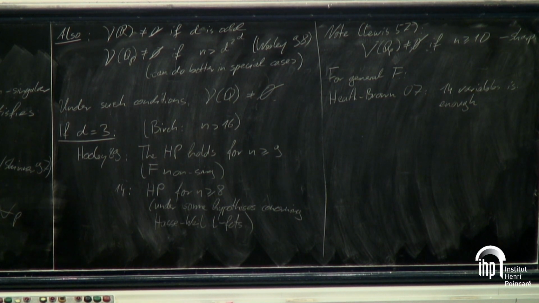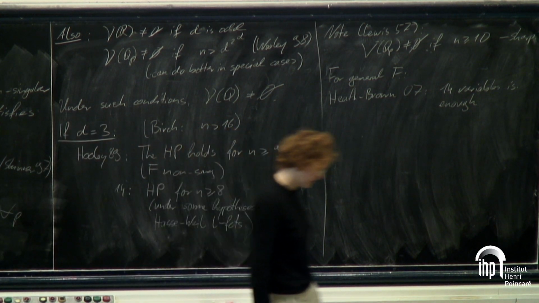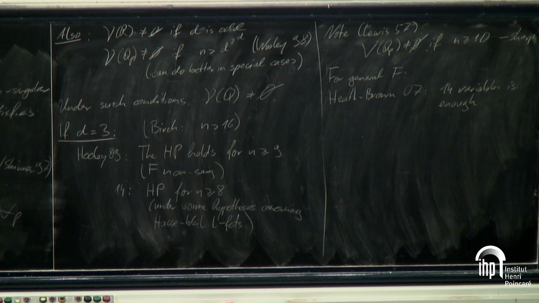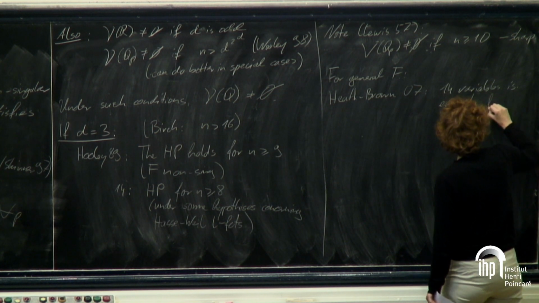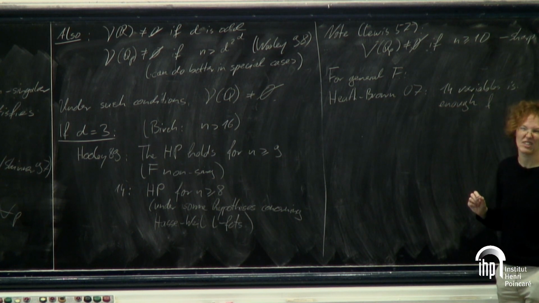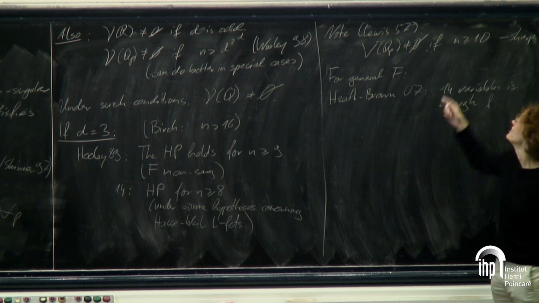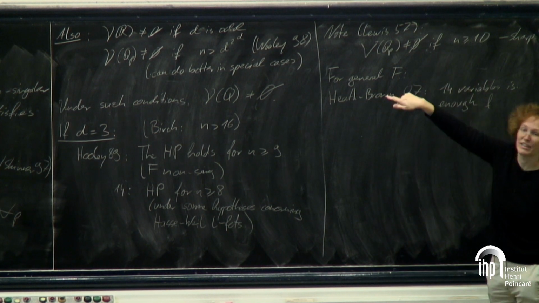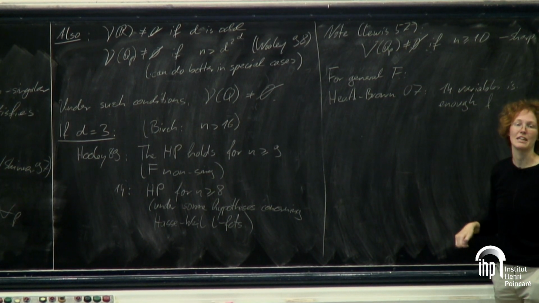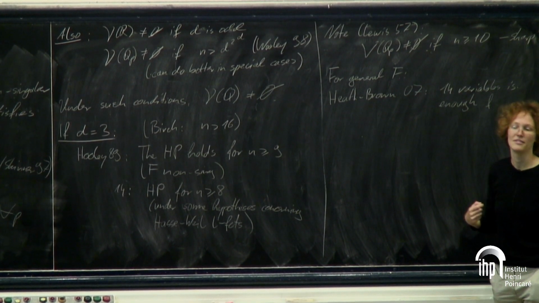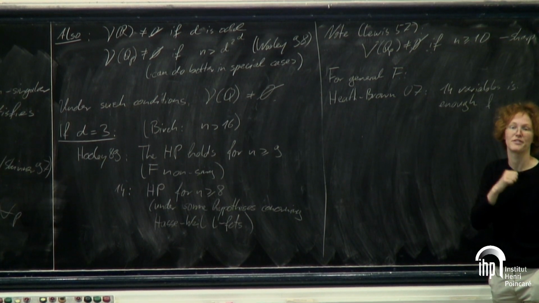So as I said, in the cubic case, quite a lot is known. For the Hasse principle, and for existence actually, because the p-adic and the real conditions are satisfied. So we get existence, which thereby proves the Hasse principle.